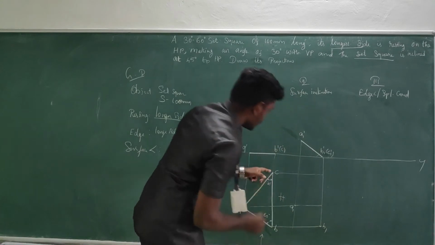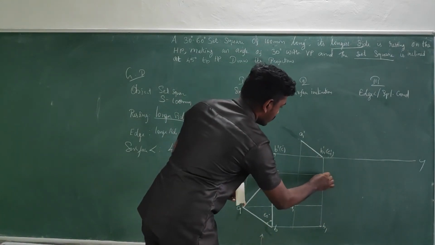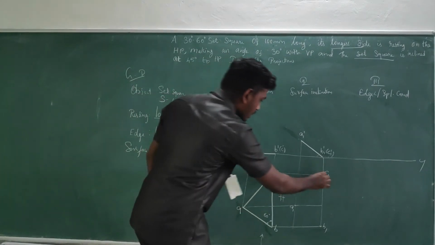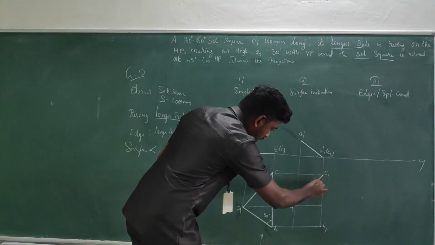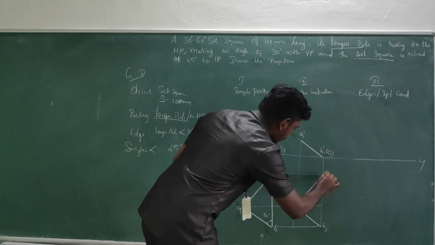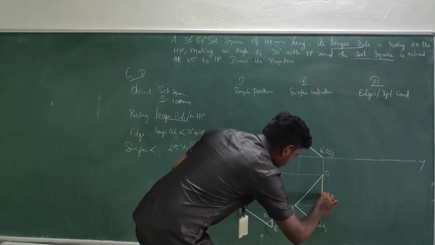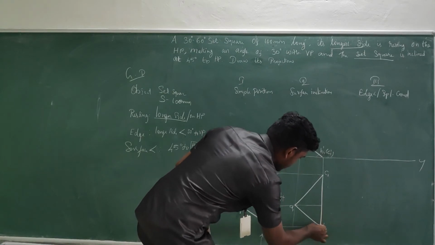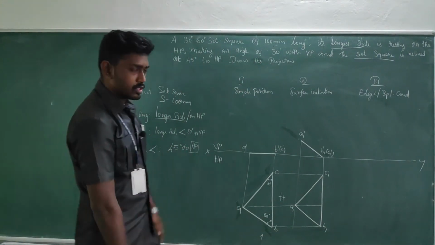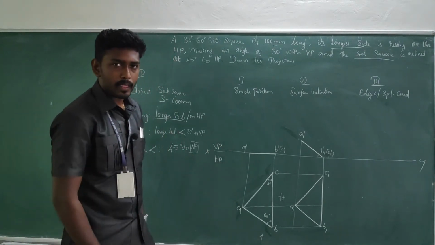This is B1. C horizontal, C vertical. So this is C1. If you connect the picked points, you get this squeezed image of the set square. You will get this squeezed image when it is inclined.